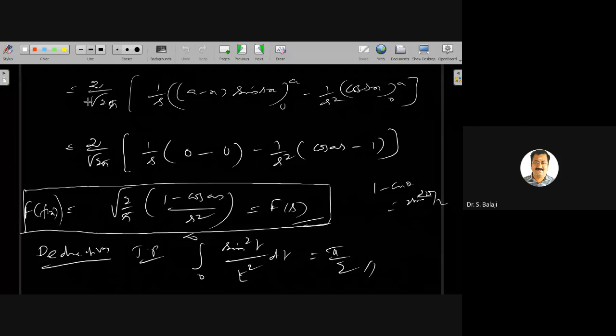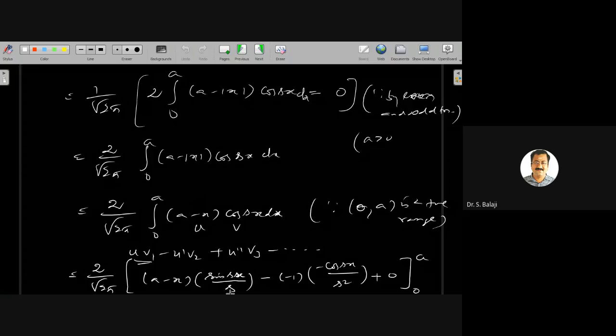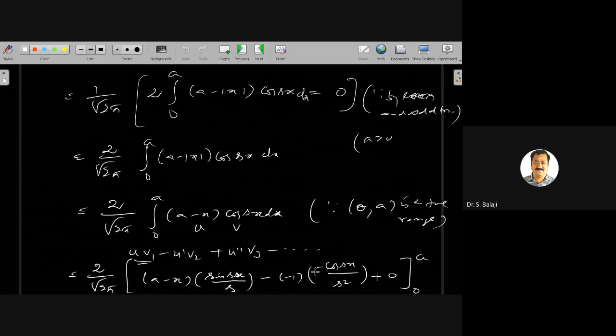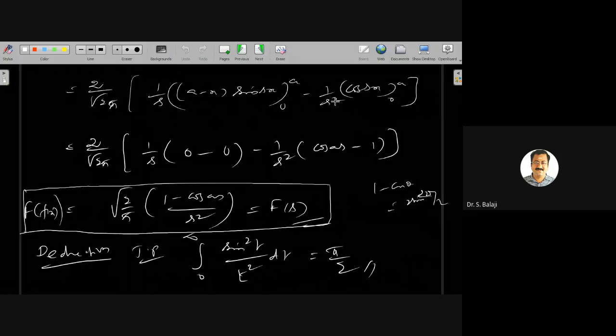So root of 2 pi pi, take 1 by s outside: (a minus x) sin sx with limit 0 to a. Then minus minus gives plus, and minus 1 by s square outside, with cos sx only for the limit.